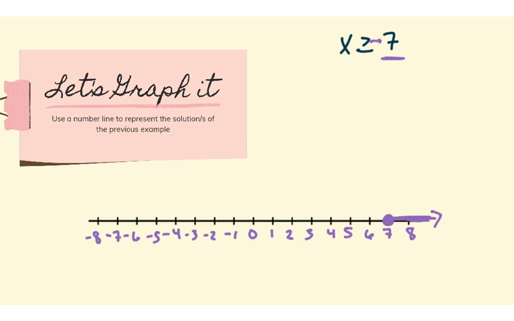And if you notice, whichever way our mouth is opened, our arrow should go the opposite way. Hope that doesn't confuse you. But you can see that this is true. This is telling us that all solutions 7 or greater work for x in this inequality.